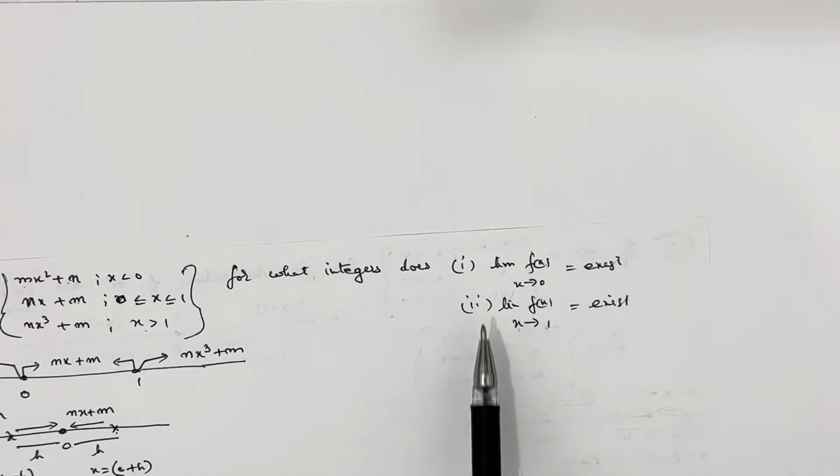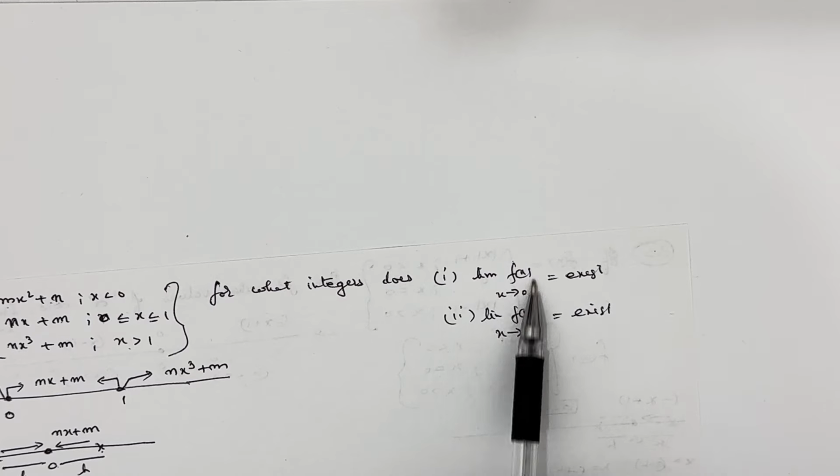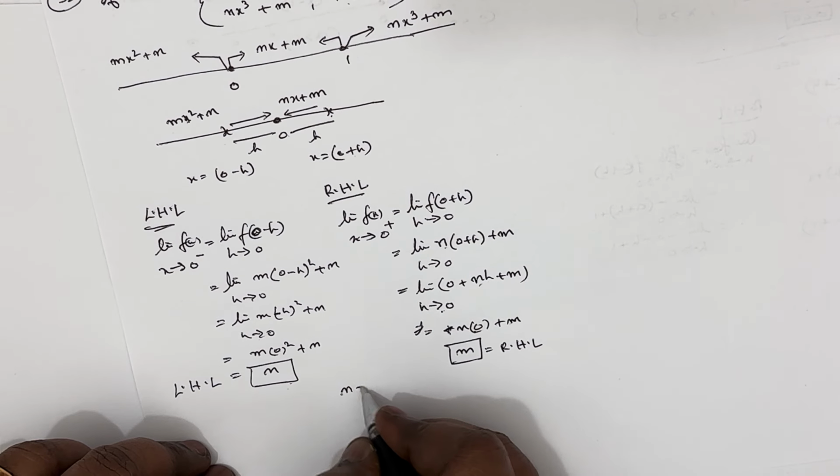According to what is given, the limit exists. That means the LHL is equal to the RHL. So we can say that n is equal to m.